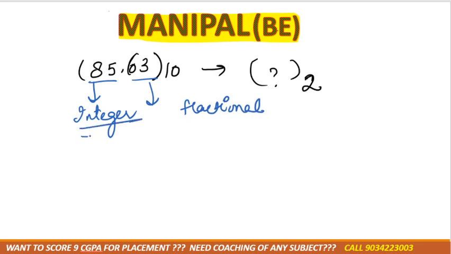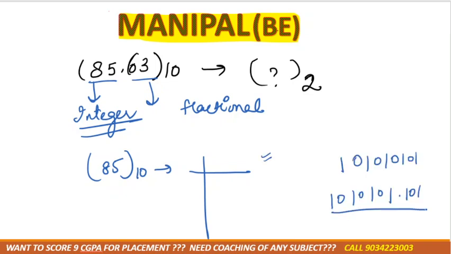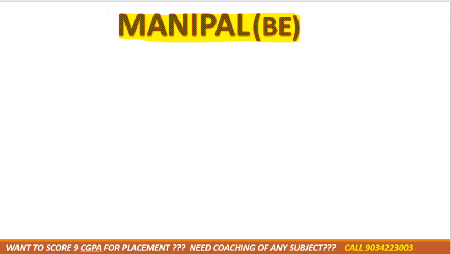So remember, how can we solve it for the integer case? 85, it's in decimal, you need to convert it into the binary form. Do it and then tell me the answer. This is the answer.